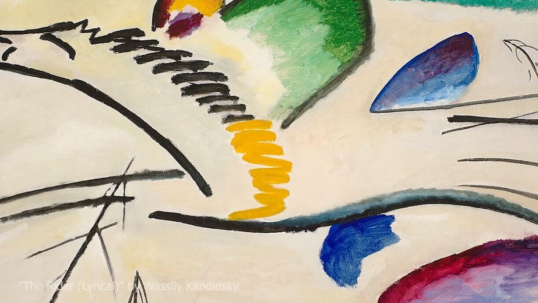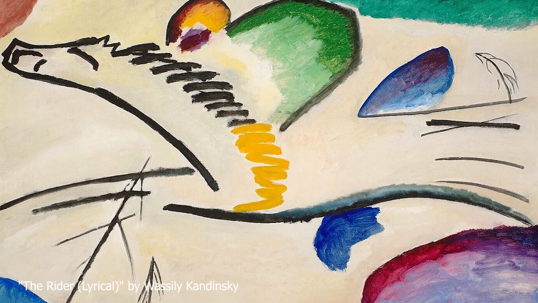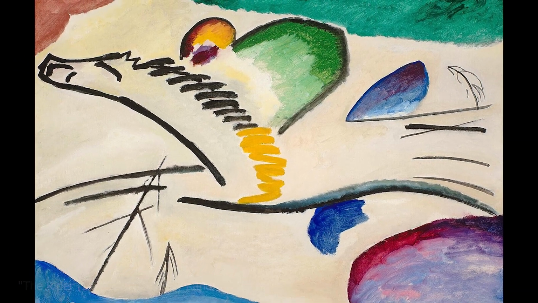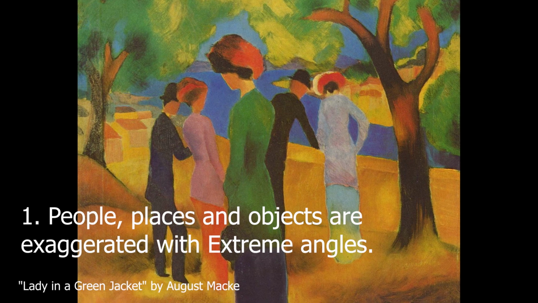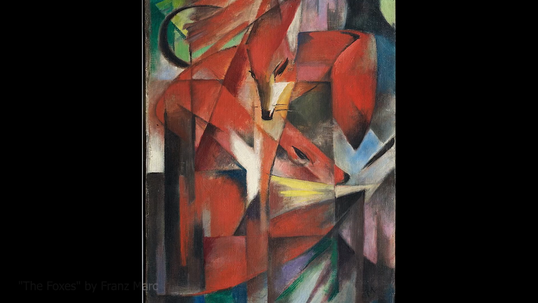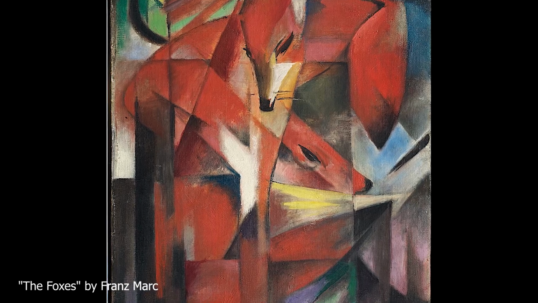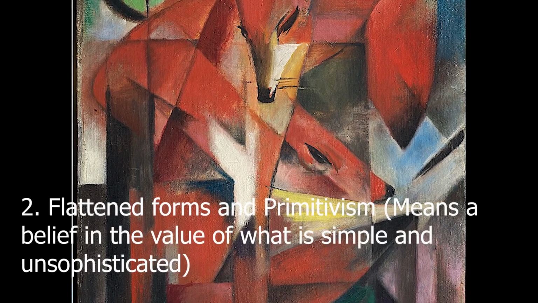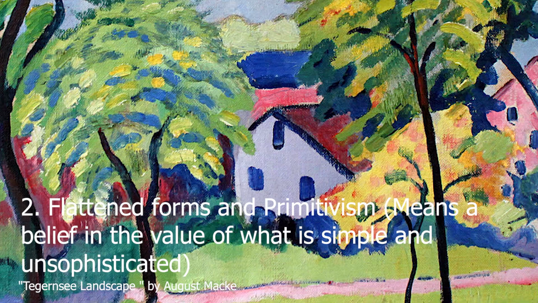So what are the main characteristics of Expressionism painting? Some of the main characteristics they have are: number 1, people, places, and objects are exaggerated with extreme angles. Also, number 2 is flattened forms and primitivism.